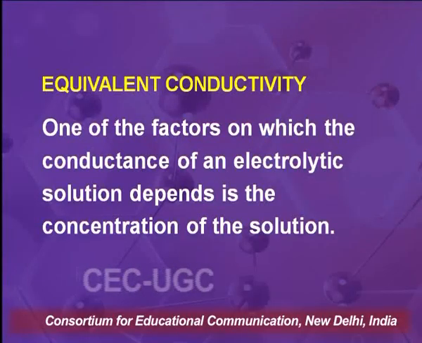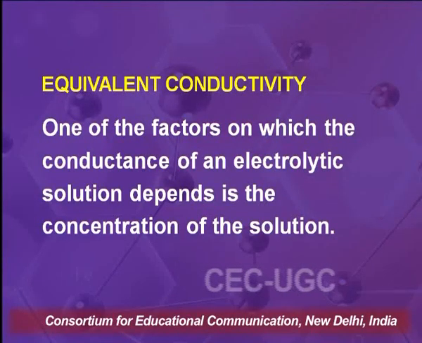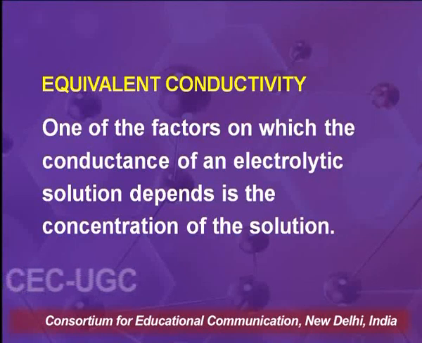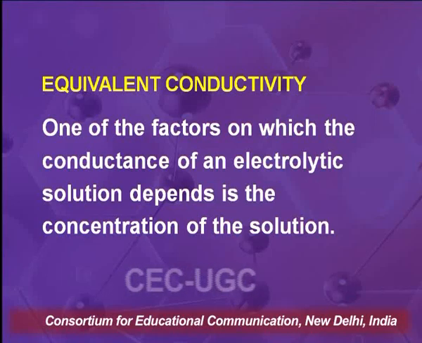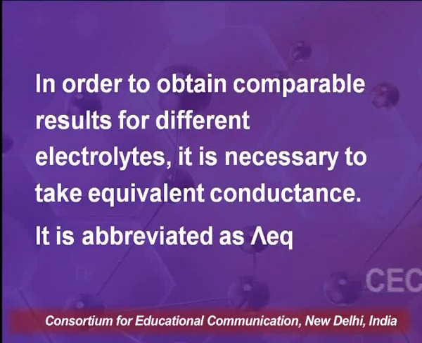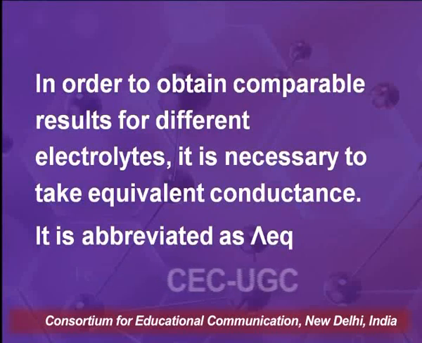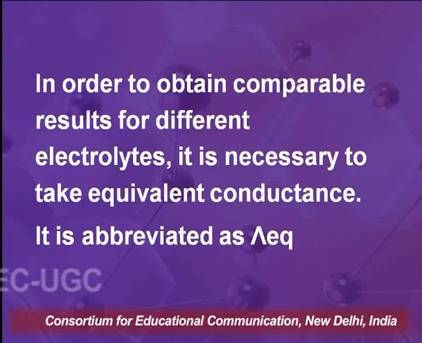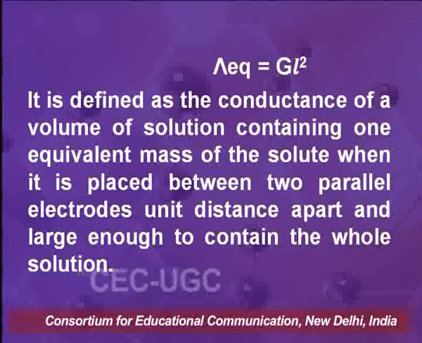Equivalent conductivity. One of the factors on which the conductance of an electrolytic solution depends is the concentration of the solution. In order to obtain comparable results for different electrolytes, it is necessary to take equivalent conductance. It is abbreviated as lambda equivalent.